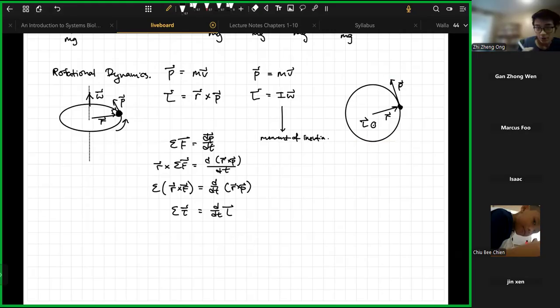It is true that you can write this equation, and it will be a right equation, but it's not as simple as you expect. So it's not just L equals I omega. I might not just be a scalar, because over here P and V point in the same direction. If something moves here, P also moves here.